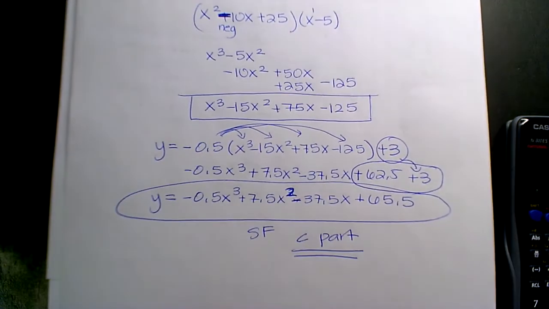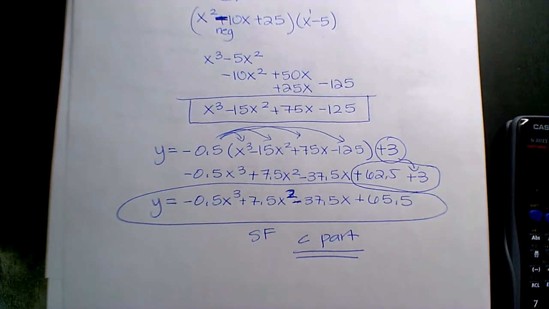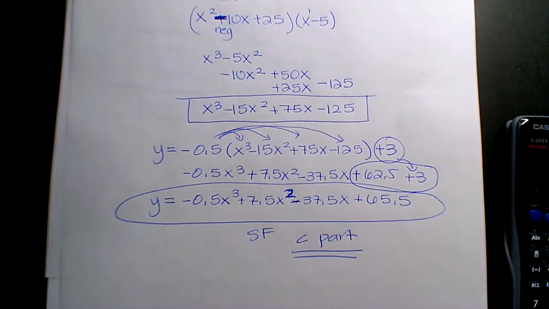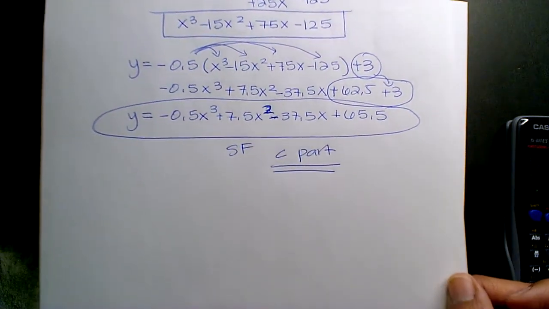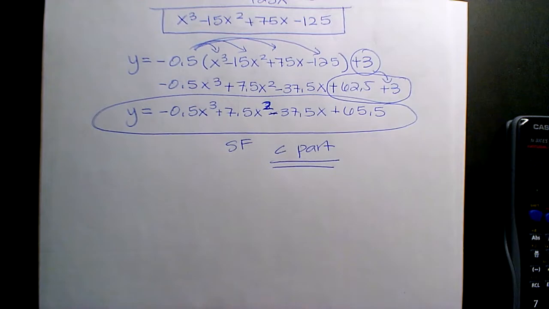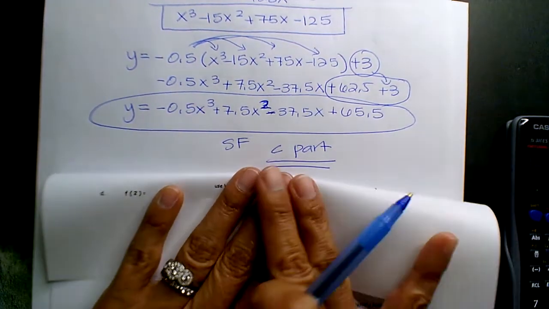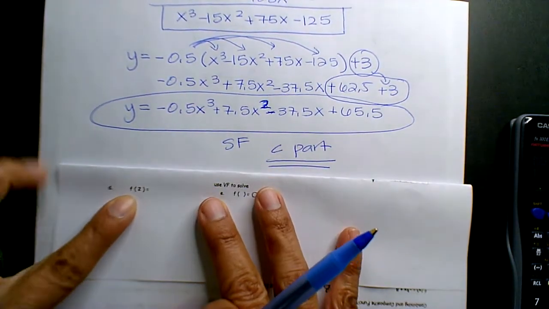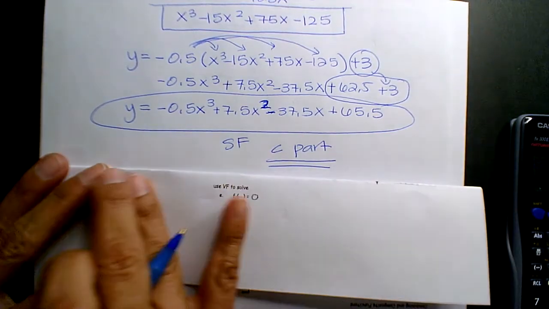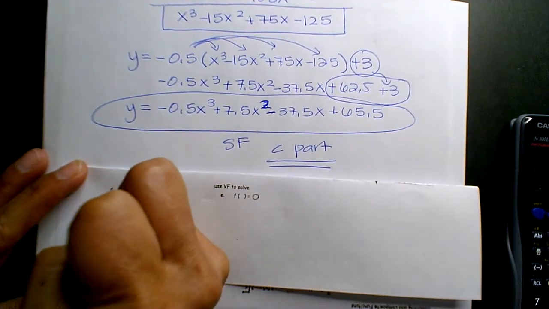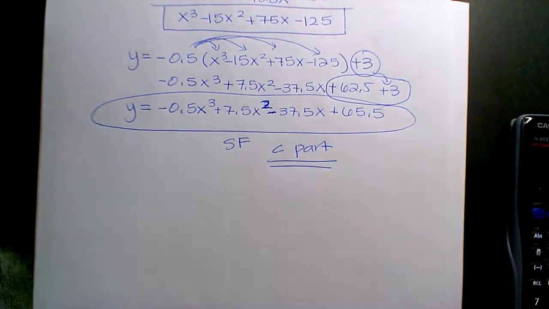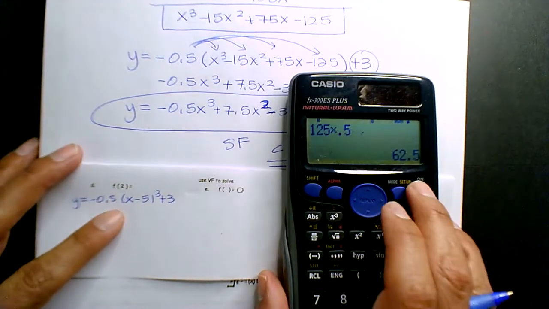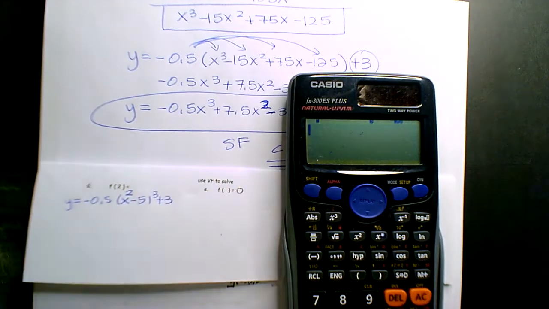The D part is f of 2. Let me do this then. Can I move it up a little bit? Okay. So here's the D part. We'll do this so you guys can still watch. Okay. f of 2. So if your function is y equals negative 0.5 times (x minus 5) cubed plus 3. Okay. You could just throw that right into your calculator. You're going to make that 2, right?